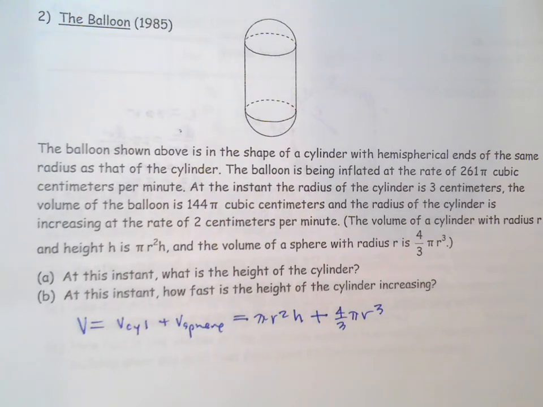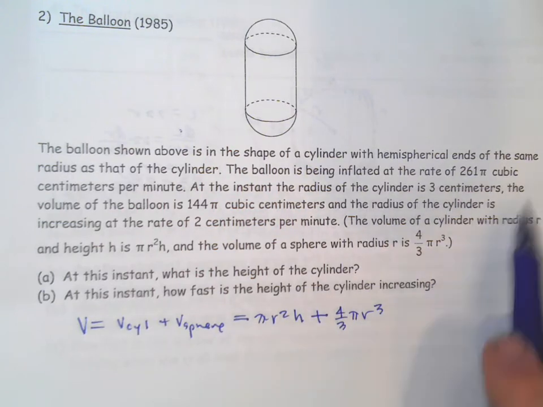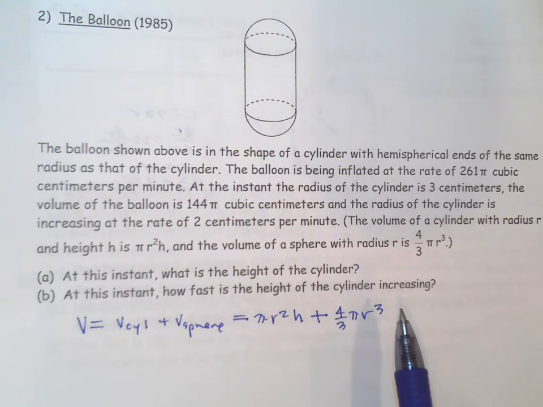Part B, at the instance, how fast is the height of the cylinder increasing? So it says at the instance, the radius of the cylinder is 3, the volume is 144 pi. So you can use that to figure out what h is at that moment. Okay? And then you're going to try and find dh/dt.